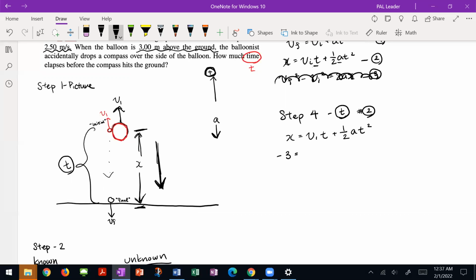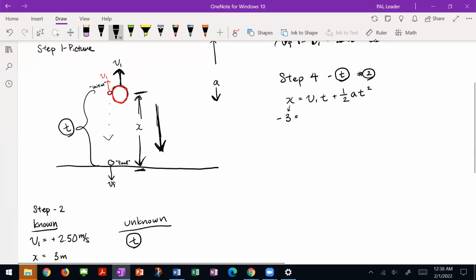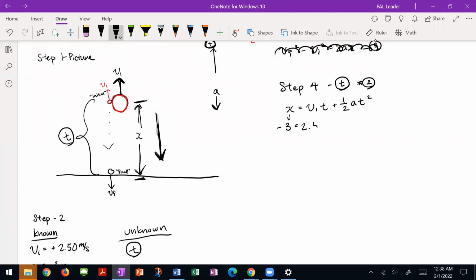If it was just 3, that means we'd be going up, and that is not the case. So x is going to be negative 3. The initial was the initial speed of the hot air balloon, and it's going upward, so it's positive 2.5 t, plus half of acceleration, which is gravity going down, so negative 9.8 t squared. And we are asked to solve for t.